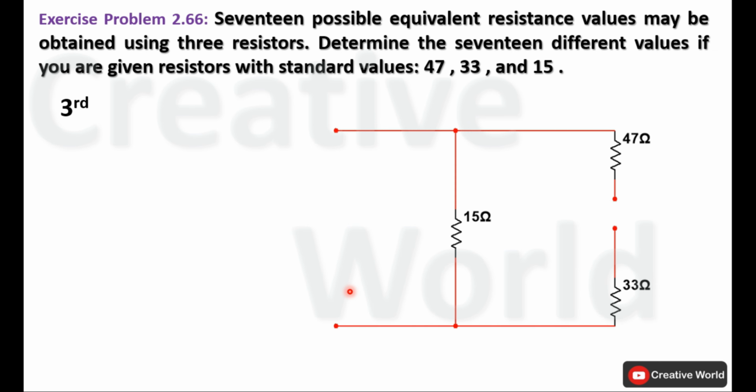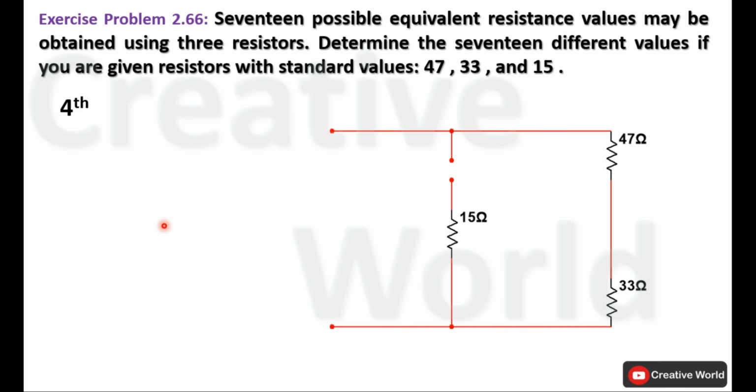In this configuration, we will swap this resistance value with 15 ohm. Actually, we have placed all 3 resistances one by one on this position to make 3 different configurations and 3 different equivalent resistances. In this case, R equivalent between these 2 points will be 15 ohm only. Move to the next configuration.